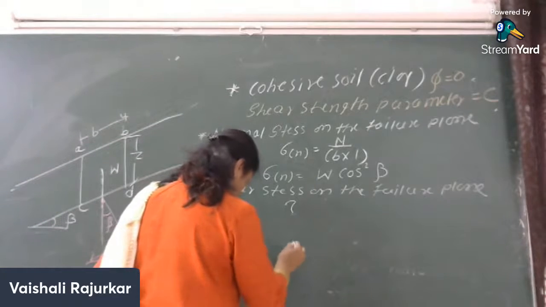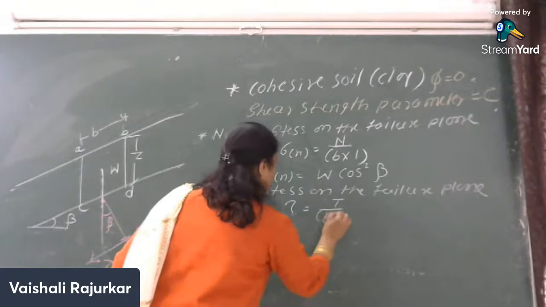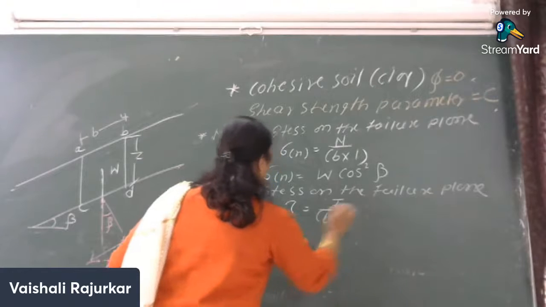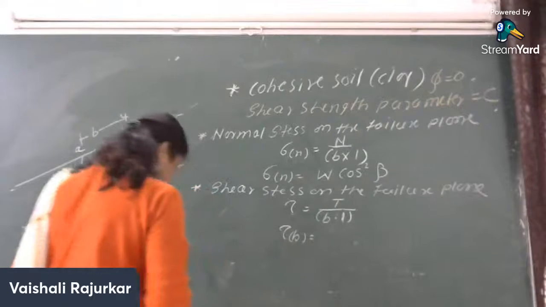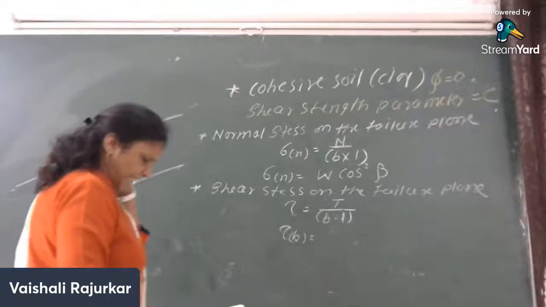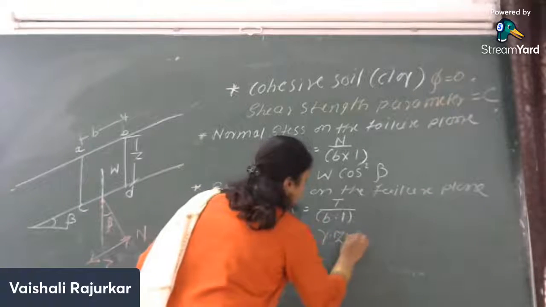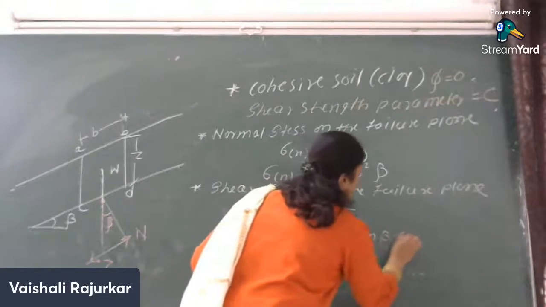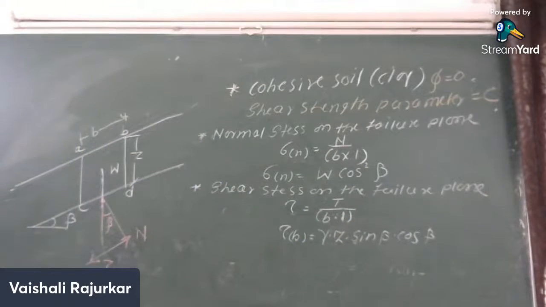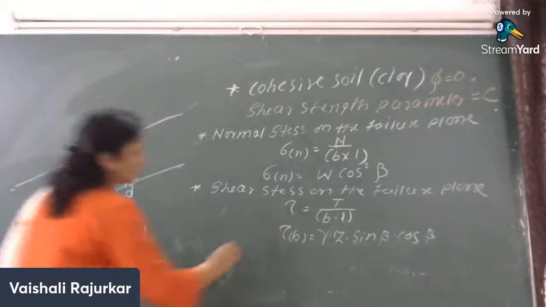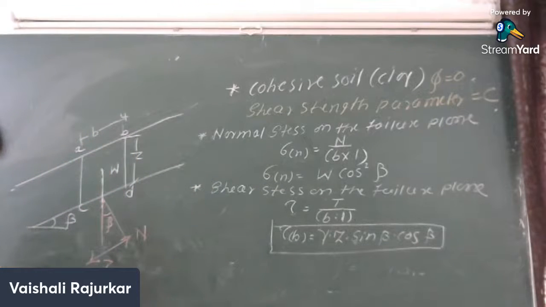Tau, which is equal to P upon B into L on 1 B into 1, and therefore this tau P is equal to gamma into Z sin beta into cos beta.